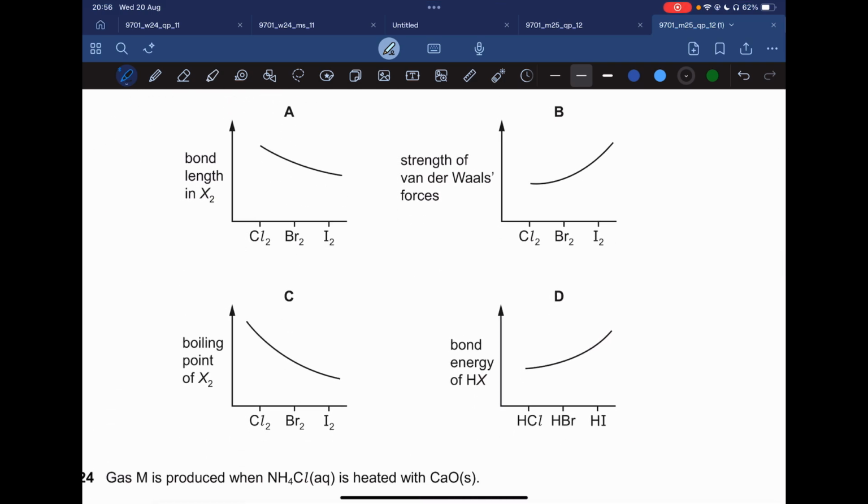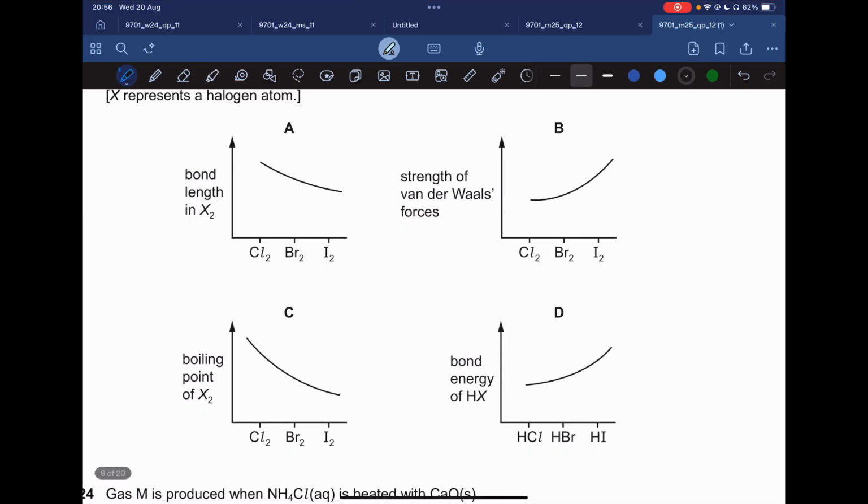Okay, which graph correctly describes a trend found in group 17? Even if you don't learn these, remember bond length, remember these atoms get bigger and bigger, and that means the attraction between the nuclei and the electrons gets weaker, so the bond length has to increase.